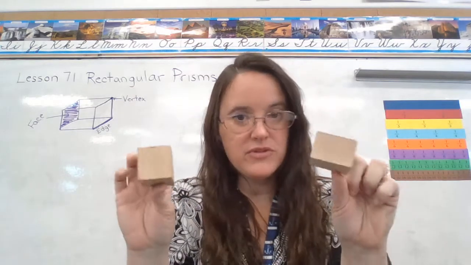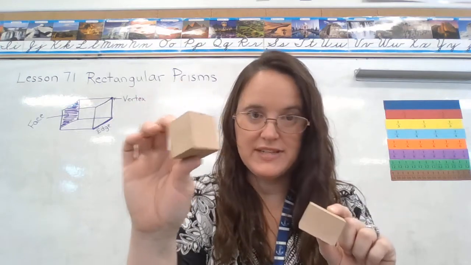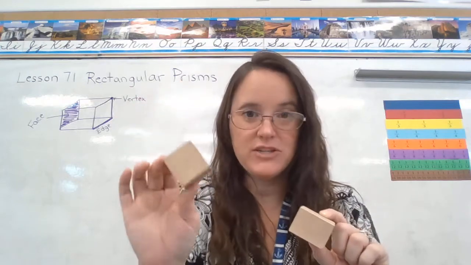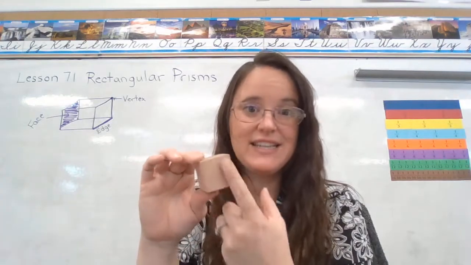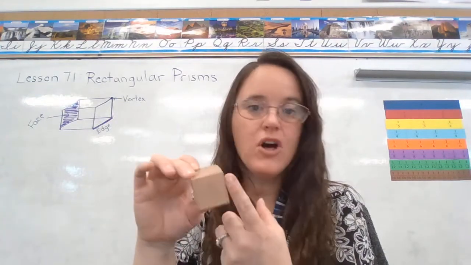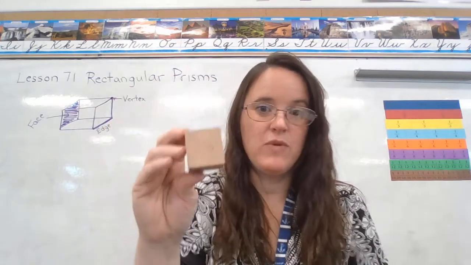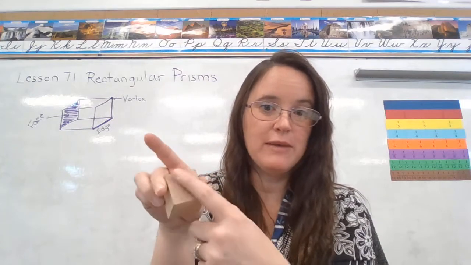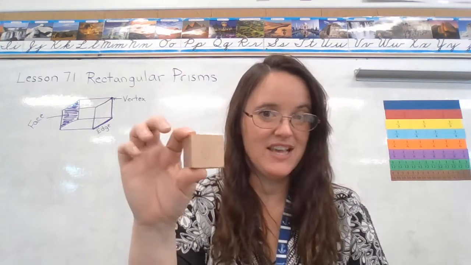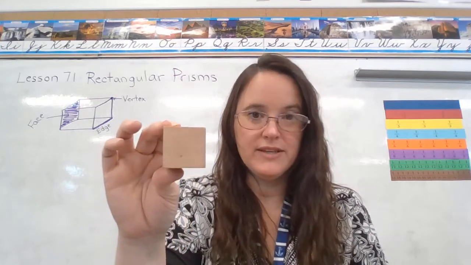So they're both technically rectangular prisms, but we would never call this one a rectangular prism. It has its own special name, just like how a square is technically a rectangle, but we don't call it a rectangle, we call it a square. So this one, where all my faces are square shaped, all 6 faces are shaped like a square, this is called a cube.